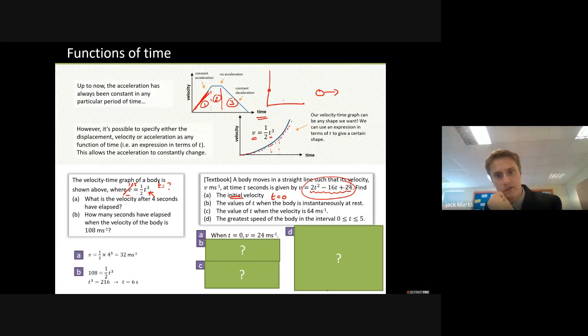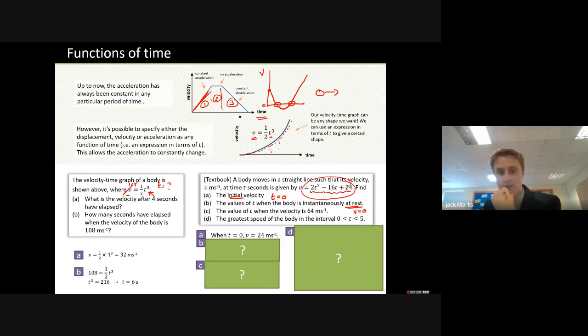I know it starts at 24 and its velocity is a quadratic. So I'm going to assume that it has 2 roots. It will look something like this, and that's v. So there are some values here when it has a velocity of 0. And velocity of 0 is what it means when we say it's at rest.